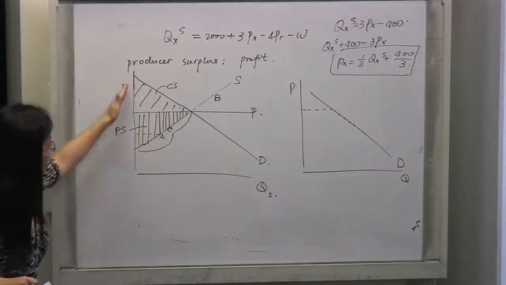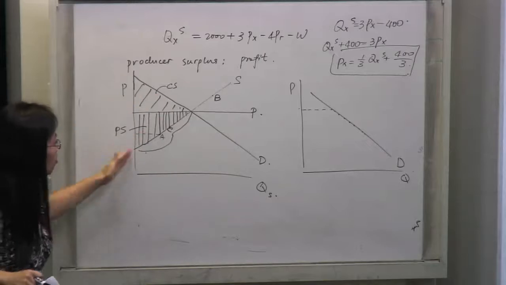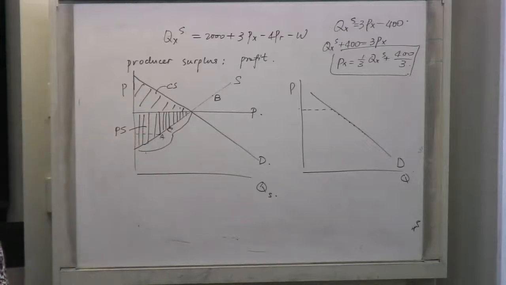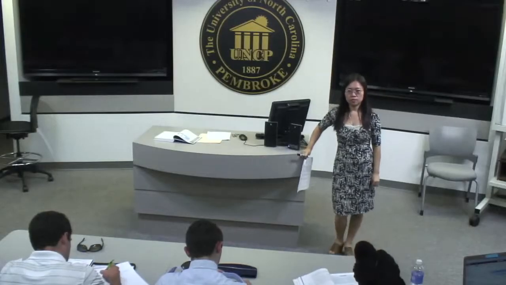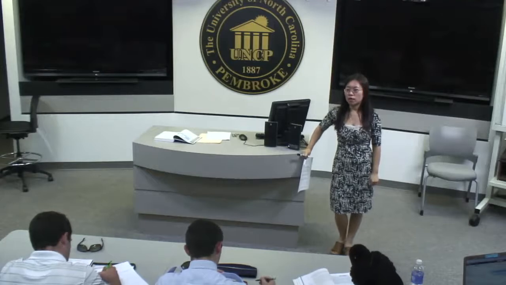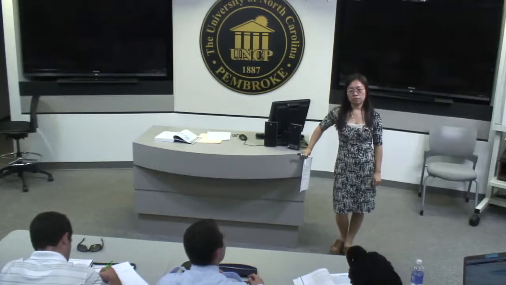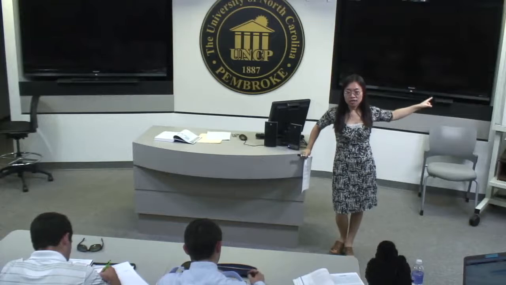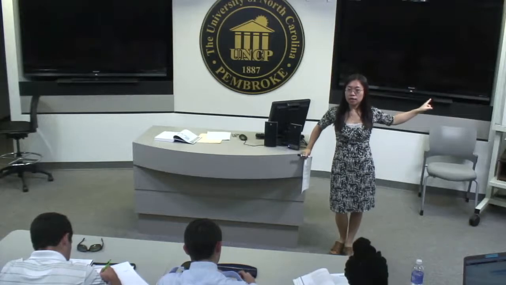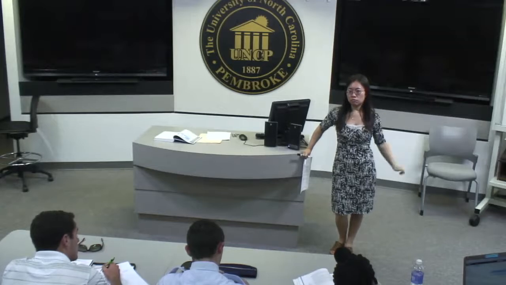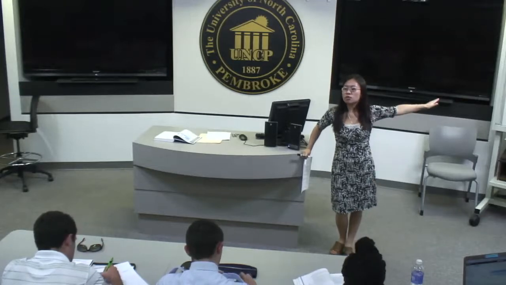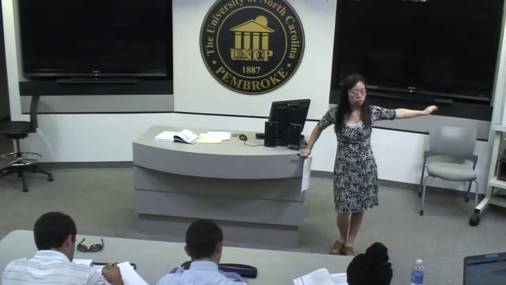This big triangle area, which is the sum of both surpluses, represents social welfare in this market. It means the gain of everyone. And in this market here, we made an assumption that there's no third party intervention, no government intervention here.